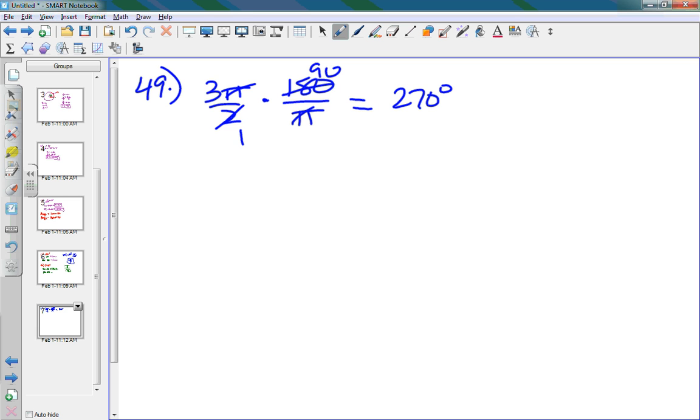Do we all understand that? So for this whole section, multiply by 180 over pi. That's what you're multiplying the entire section by. Do we understand that?